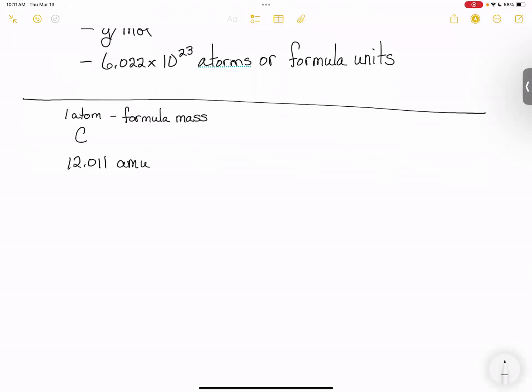But if I talk about the molar mass, again, that's going to be 6.022 times 10 to the 23rd atoms of carbon. And it's going to be 12.011 grams is equal to 1 mole.